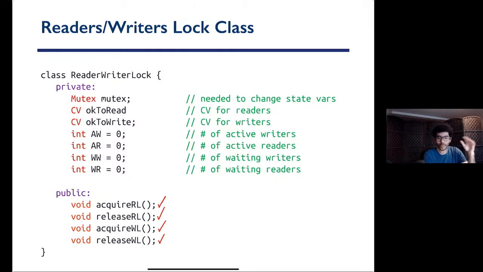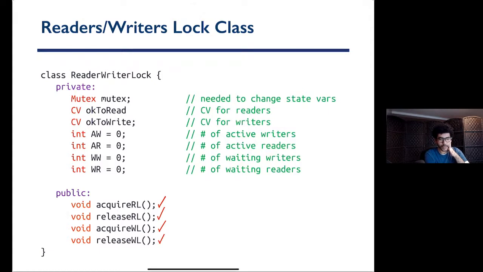Now, to implement it internally, we're going to use a mutex. You can definitely implement this class using semaphores, but as we discussed previously, we're not going to use semaphores. We're just going to use monitors. Now, for this monitor, what do we need?